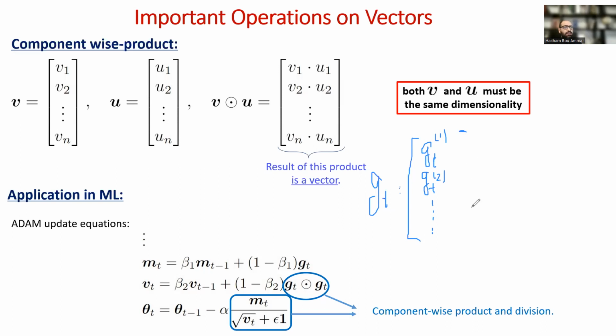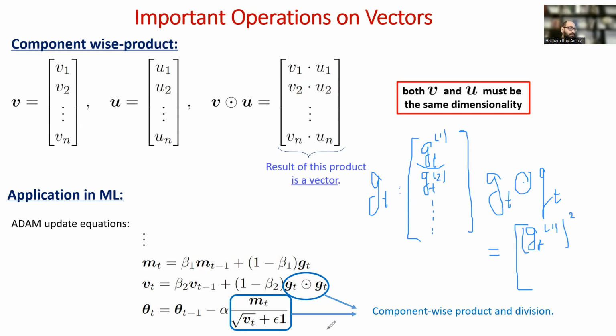And now when you do gt circle dot gt, what we are really doing is applying this formula here. So we take gt, the first component, and the first component from the second vector, which is gt itself. So you get here gt1 squared, the first component squared, the second component squared, and so on.